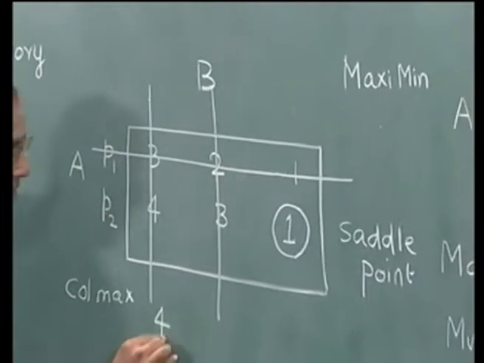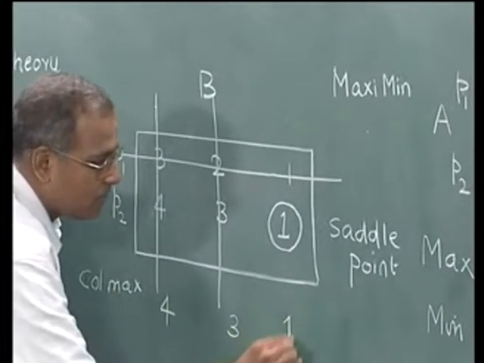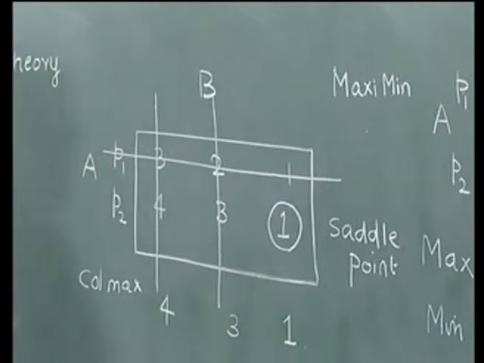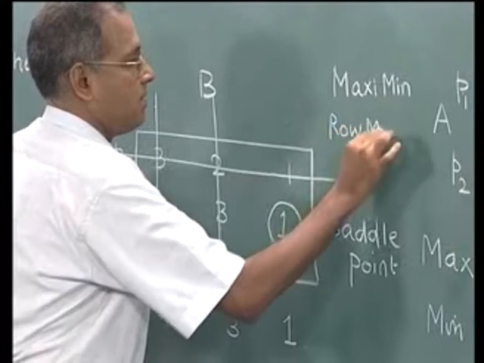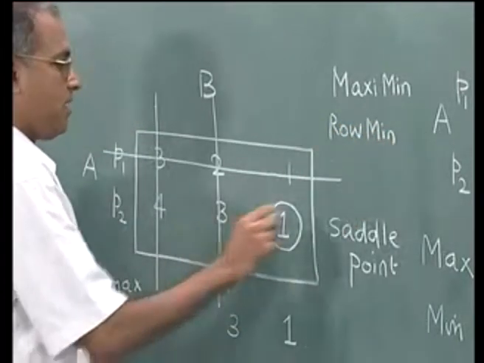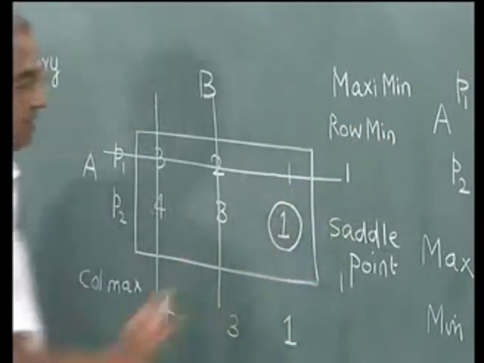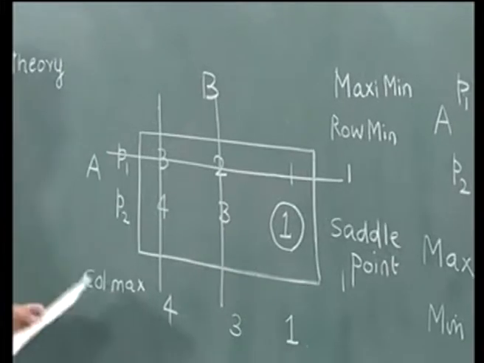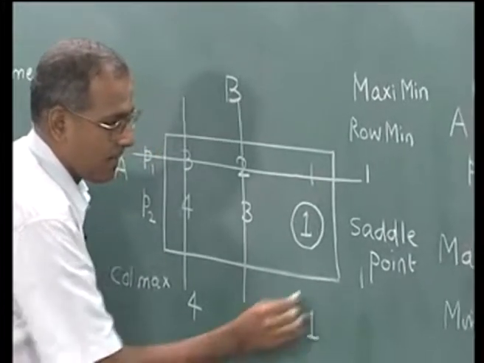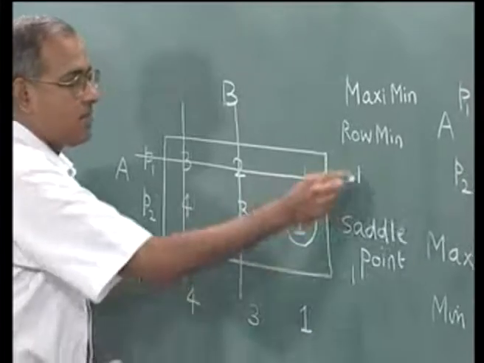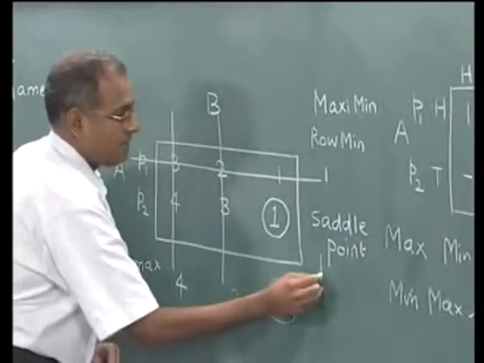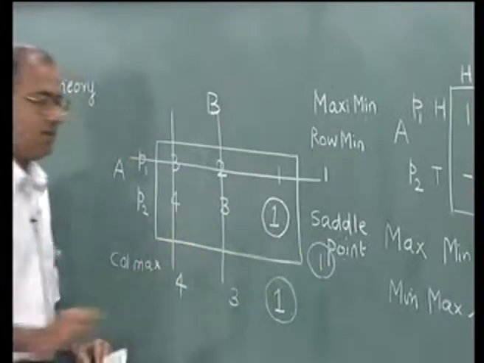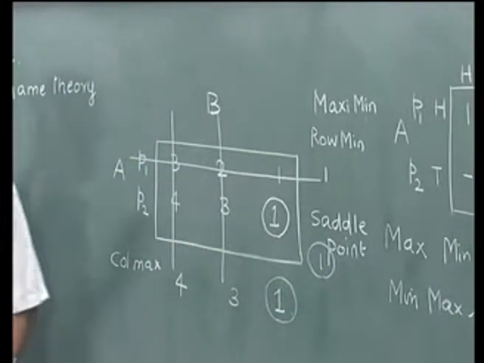So, that is 4, 3 and 1, and here you see the row minimum, row min, this happens to be 1 and 1, and now you find the minimum of the column max is equal to the maximum of the row min. So, if the minimum of the column max is equal to the maximum of the row min, then it has a saddle point.